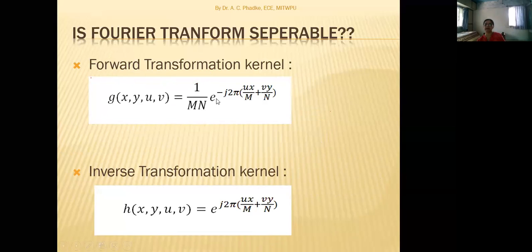This is separable because we can separate these terms as e raised to minus j 2 pi ux by m and e raised to minus j 2 pi vy by n. And both of them have the same functionality. That's why it is separable as well as symmetric. And because of separability and symmetricity, we can compute the transform in terms of simple matrix multiplication.